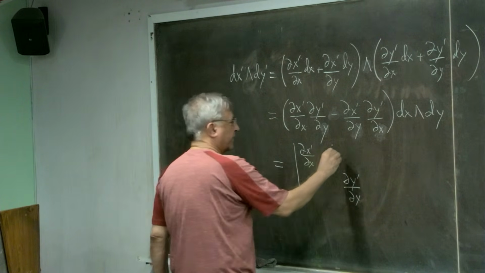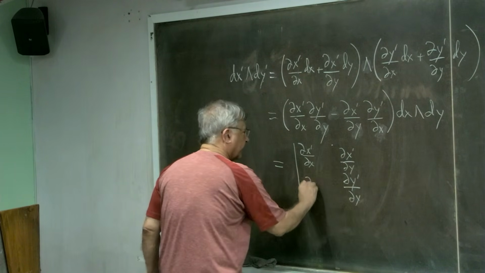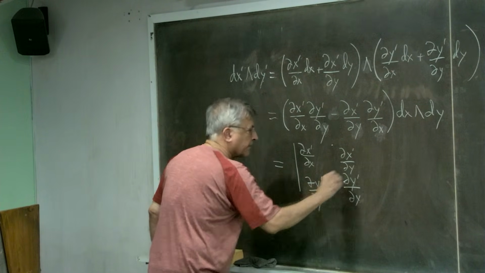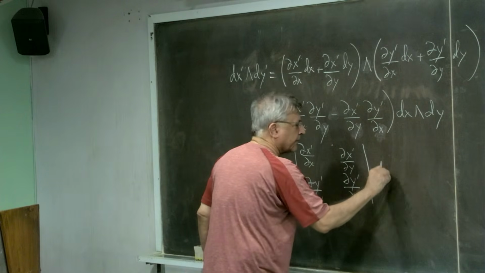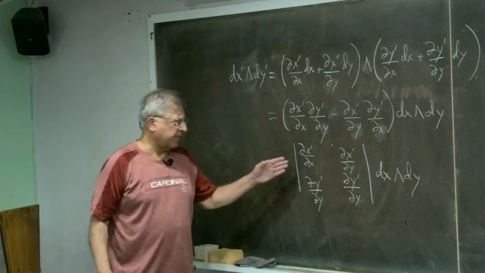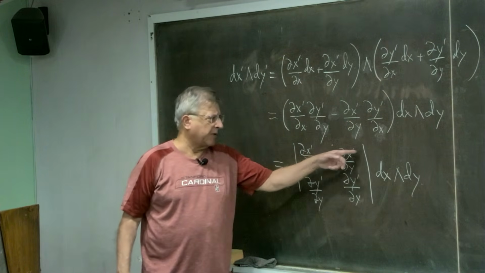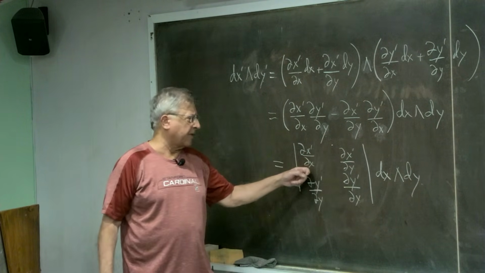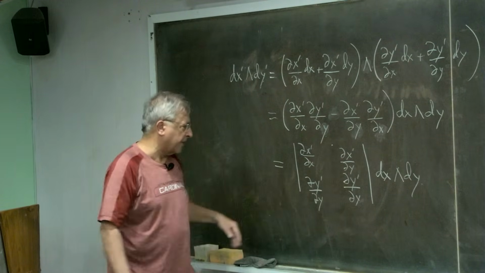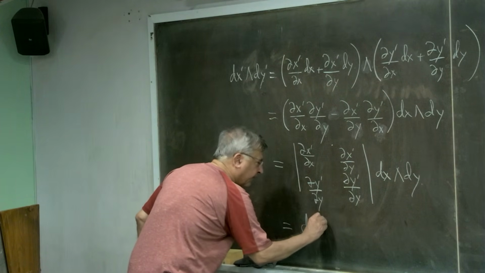And then this will be, if I have 3 variables, then this will be x prime, the next one will be x prime, then this will be x, y, z, 3-dimensional matrix, 4-dimensional matrix, and this is the determinant of the Jacobian.